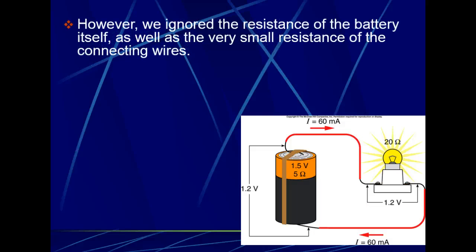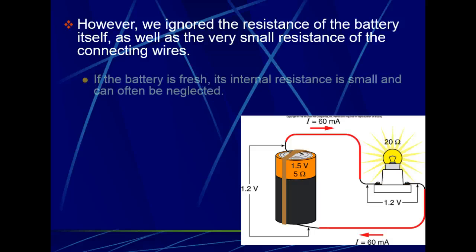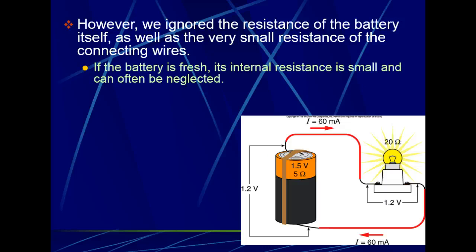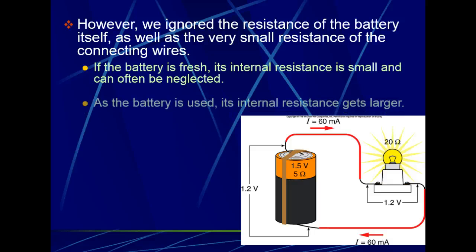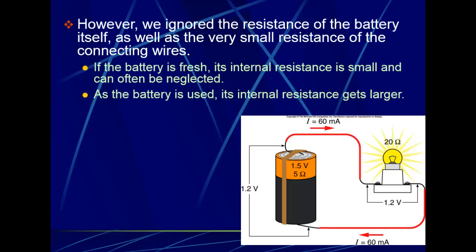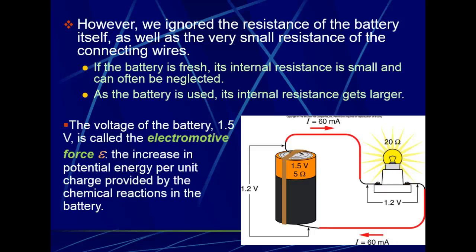Now, that was assuming that the battery did not have any resistance internally. That is not the case. If the battery is fresh, the internal resistance is very small. We can often ignore how large it actually is. As the battery gets used, that internal resistance will get larger. Eventually, it gets so large that the battery is essentially what we call a dead battery.